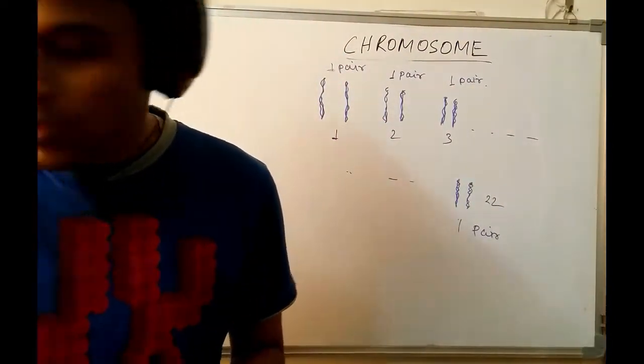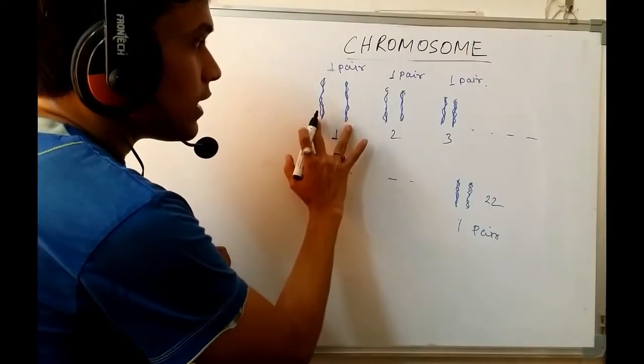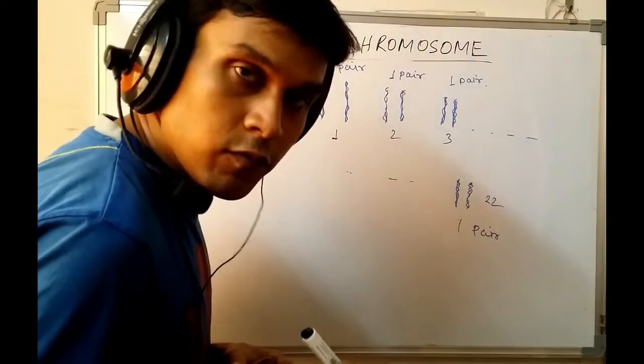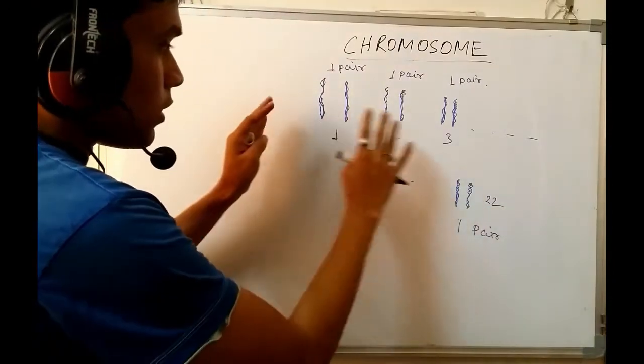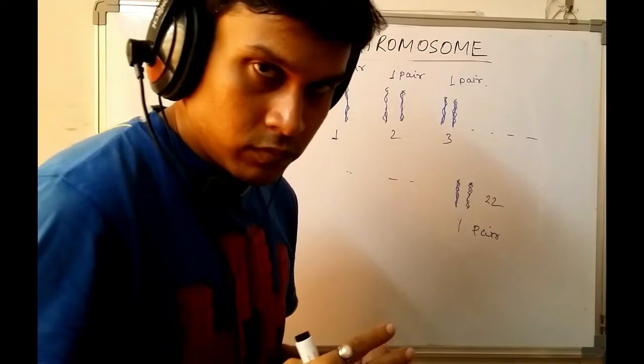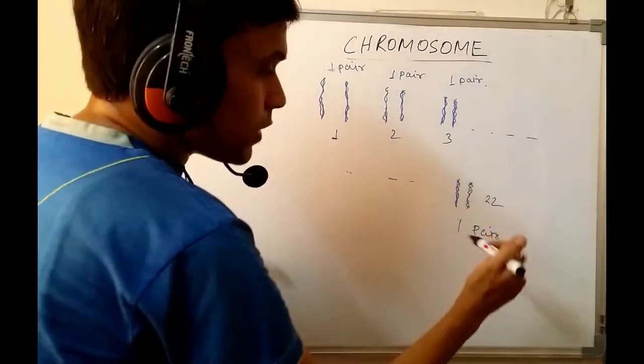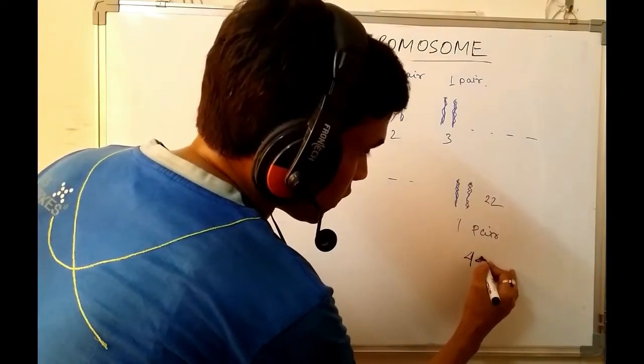Now, here is one pair of chromosomes. Just suppose this is an interphase chromosome. So 22 pairs means 44 chromosomes.